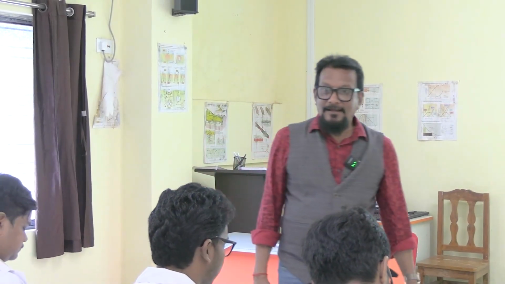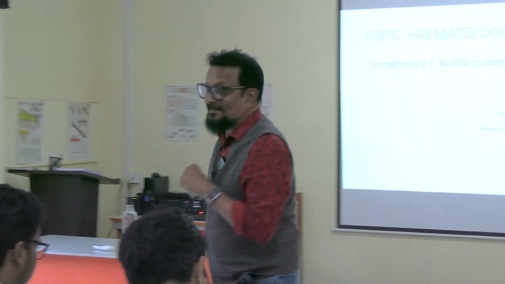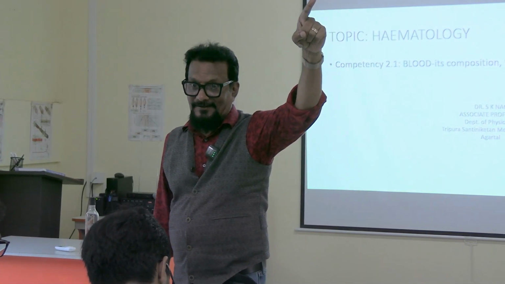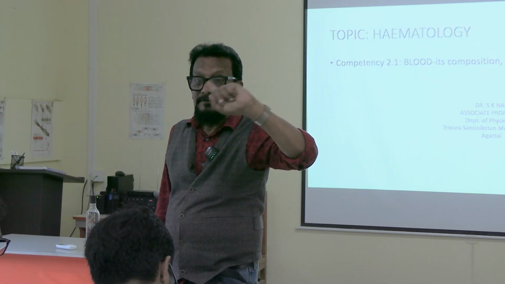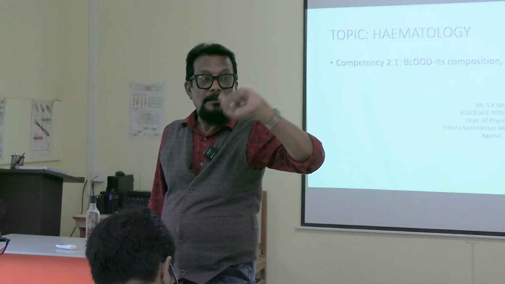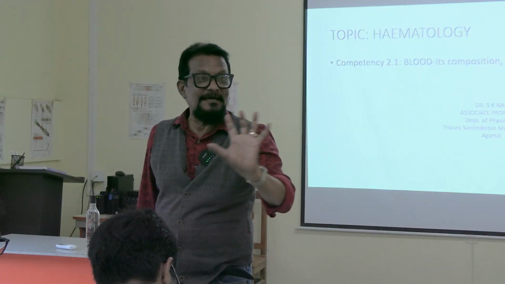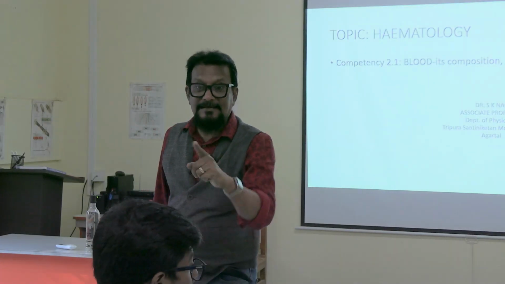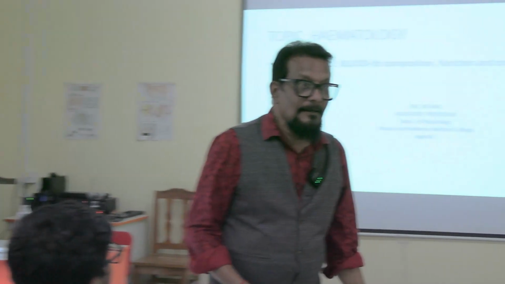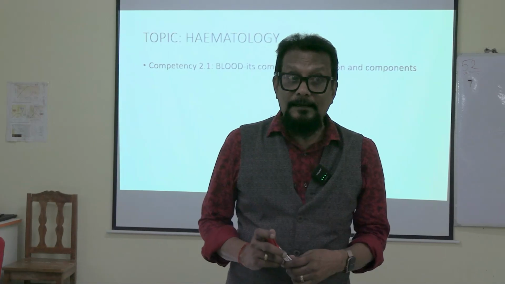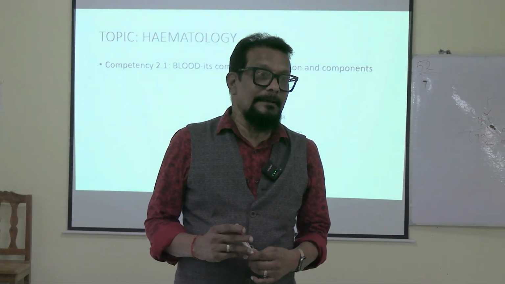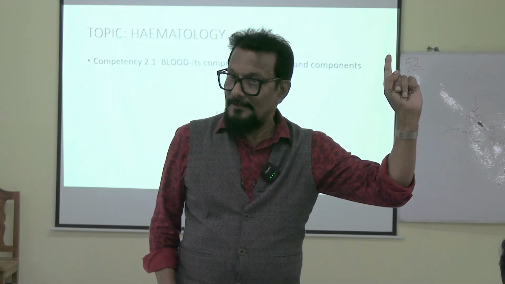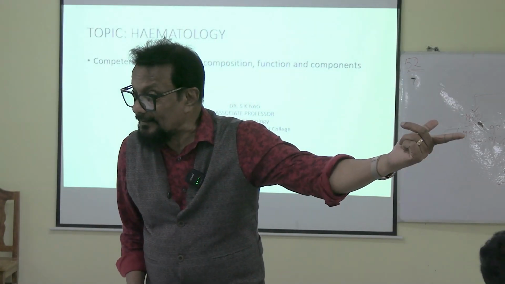These plasma proteins are synthesized in the liver, except albumin, fibrinogen, these are produced in the liver. So when I find there is hypoproteinemia, immediately I will suspect a problem in the liver. There must be some liver disease because these are synthesized in the liver.